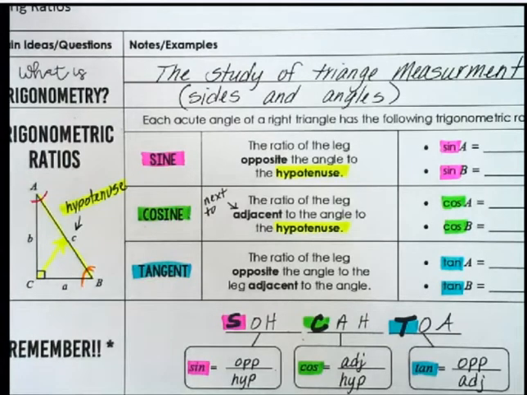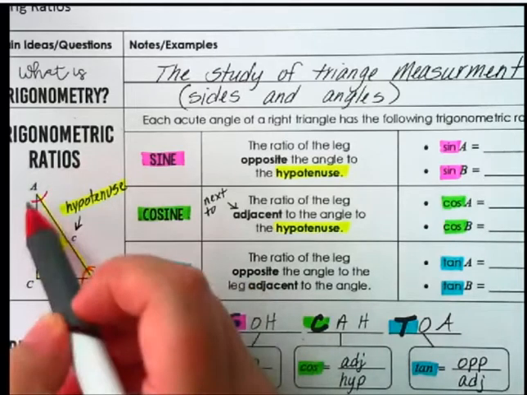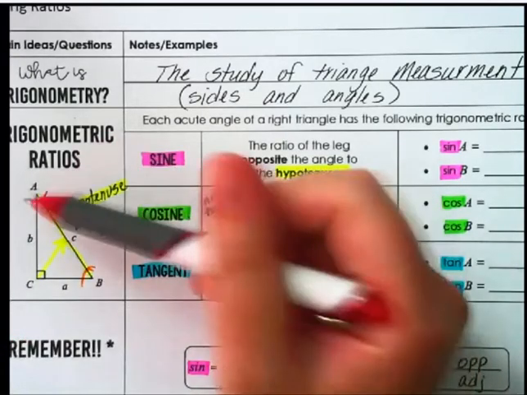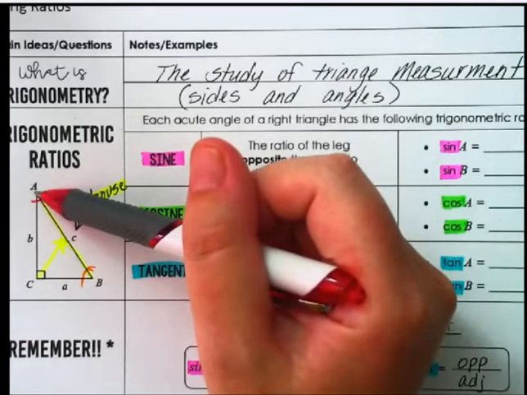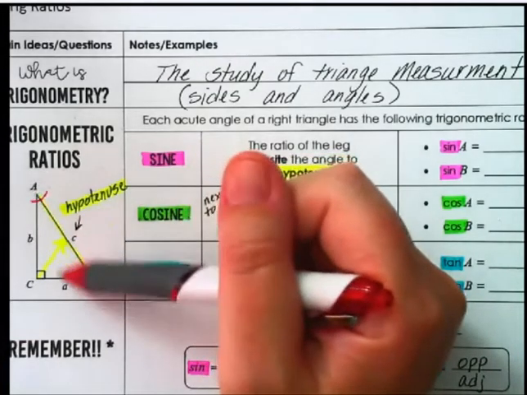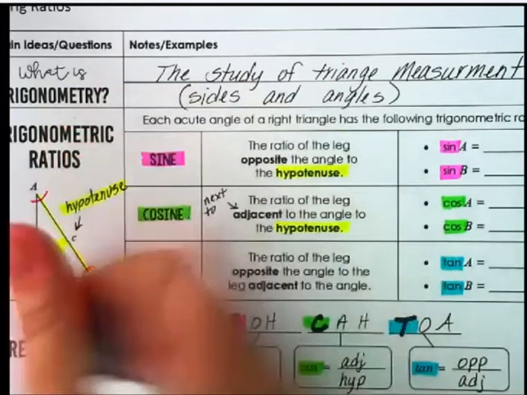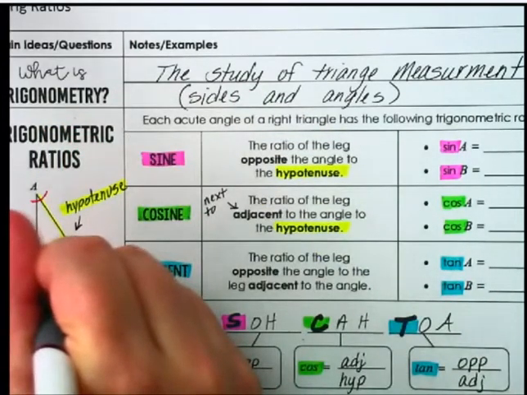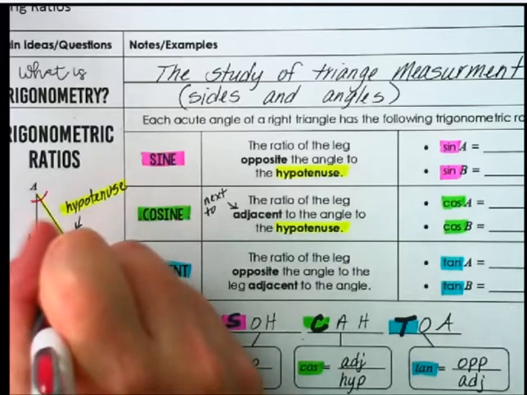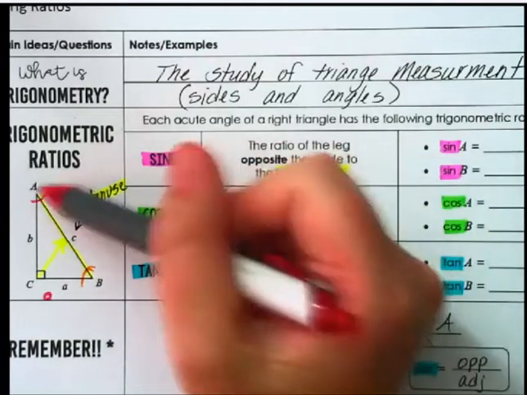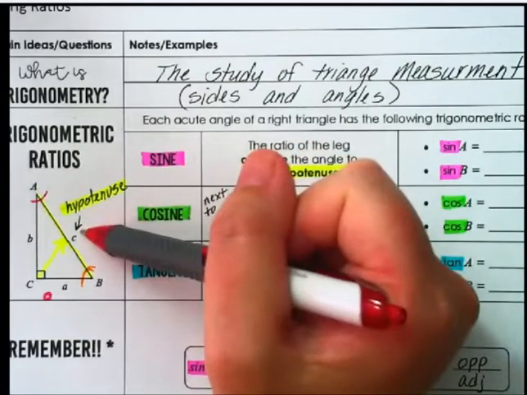So I am going to do A, which is red. The side opposite angle A is side A. This is opposite, so I'm going to put an O for opposite. The hypotenuse is always the hypotenuse.